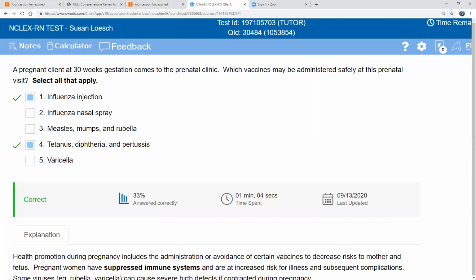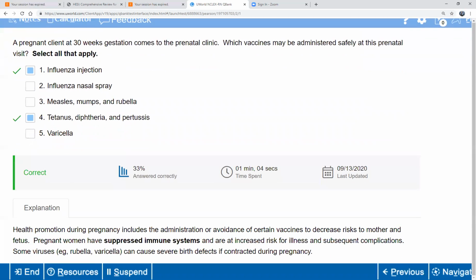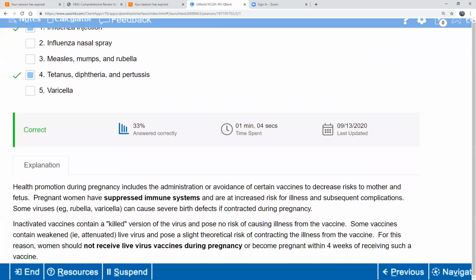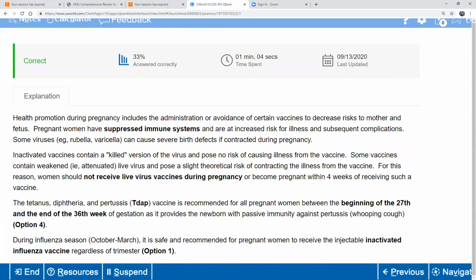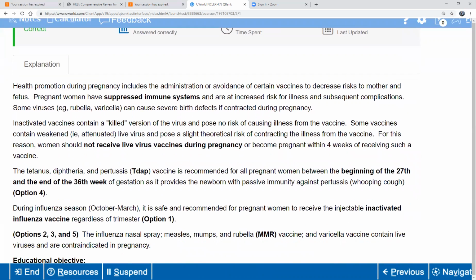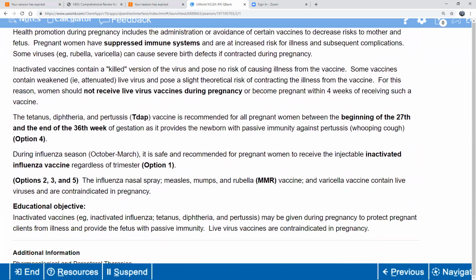Yes. So when can you give MMR? I believe you have to give MMR a couple of months before somebody gets pregnant or after they have the baby. You can't give it while they're pregnant. And if you give it after they have the baby, then I think they have to wait like 2 or 3 months before they become pregnant.